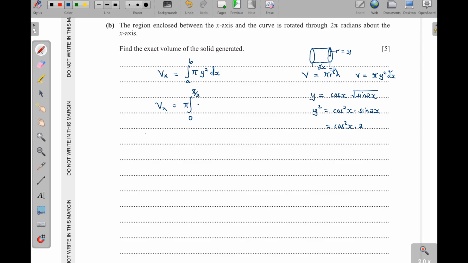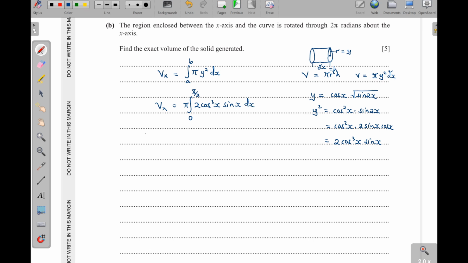Sine 2x is the same as 2 sine x cos x. And then here we shall have 2, then cos cubed of x, and then sine of x. So this is what I'm going to write here: 2 cos cubed x, then sine of x.